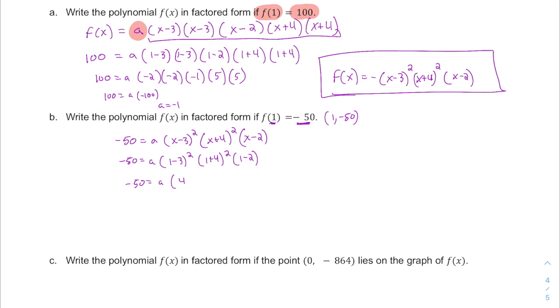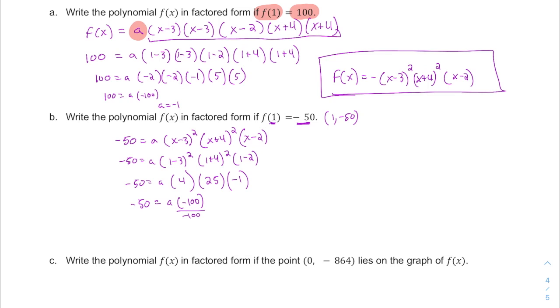1 minus 3 is negative 2 squared is 4. 1 plus 4 is 5. 5 squared is 25. 1 minus 2 is negative 1. We multiply these all together, and again, we actually get negative 100. Which makes sense. When we plugged in 1 before, we got negative 100. We would expect to get it again. So negative 50 equals a times negative 100.